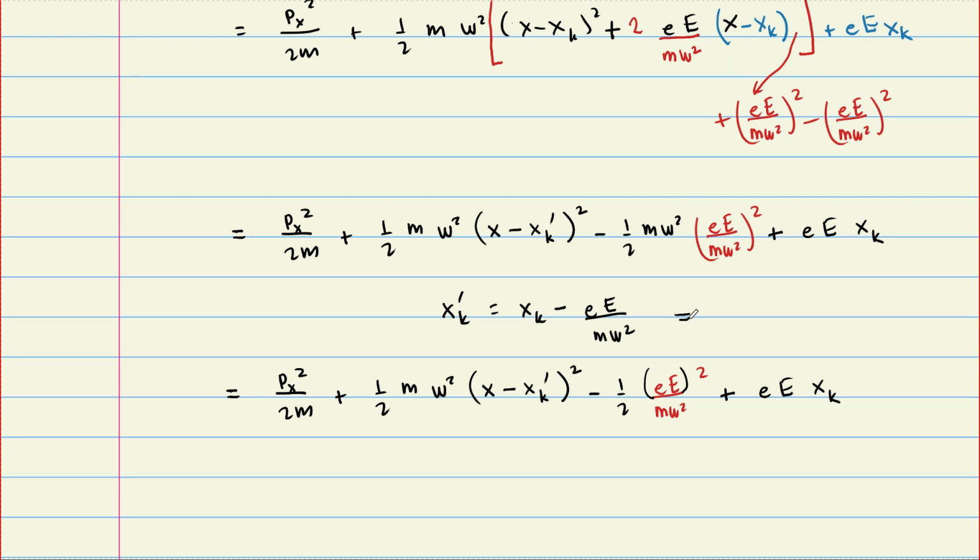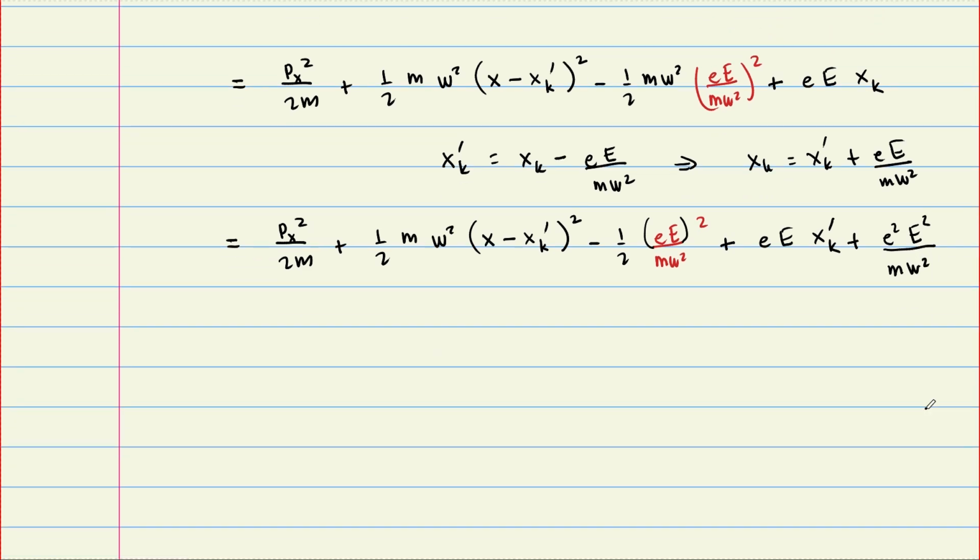So I'll just use this line. Wherever I see xk, I'm going to write it like xk prime plus eE over m omega squared. Then this is going to be xk prime plus e squared, right? There is one e, another one here, so this is going to be m omega squared. Yes, right? And this one is minus, this one is plus. What I'll do is I'll write plus here, and I'll erase this one.